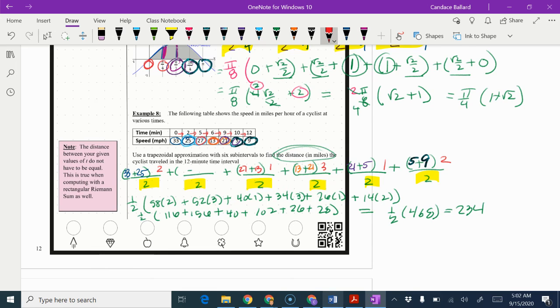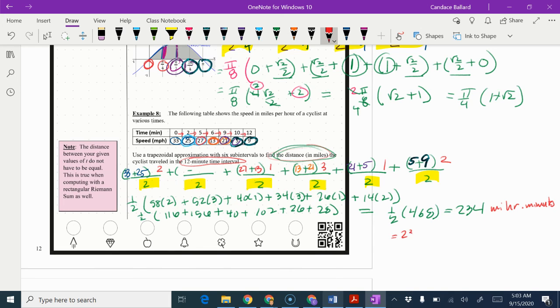We need to deal with the fact that this was a 12-minute time interval, but we need to figure out the distance in miles. So this was in miles per hour times the minutes. Okay, so we need to do some conversion here.